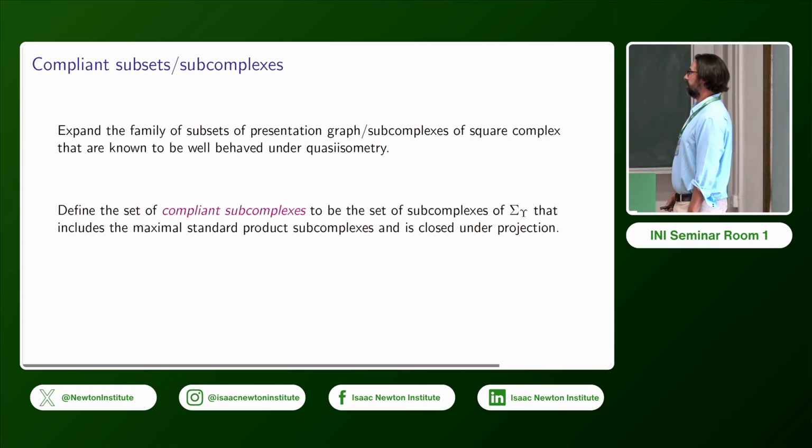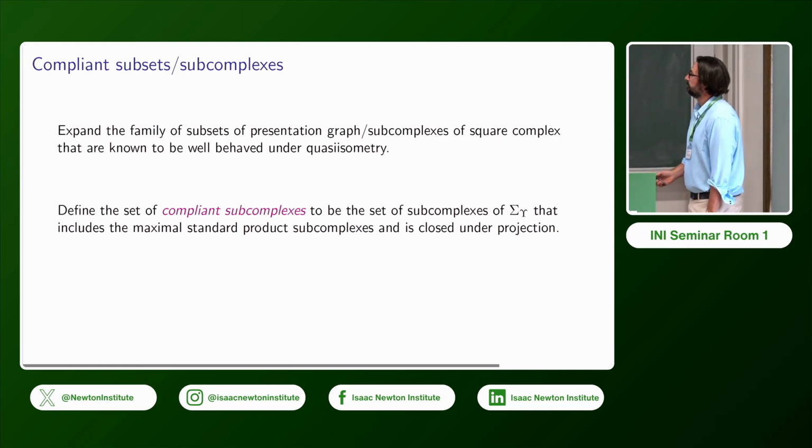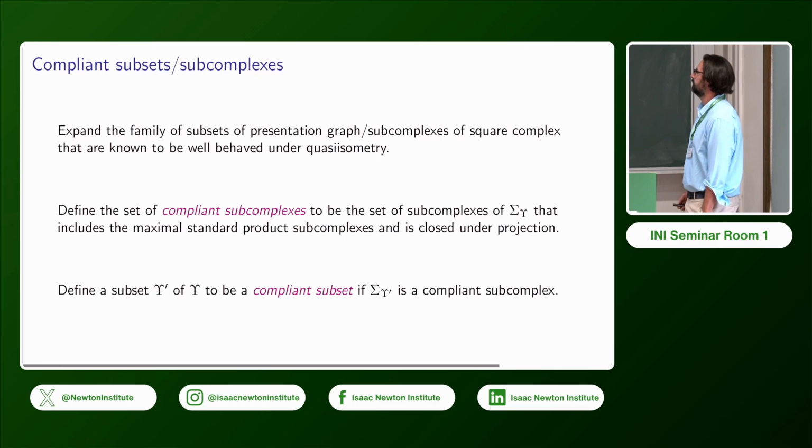So what we're going to do is take all the maximal standard product subcomplexes and allow you to project them to each other and take the subcomplexes that you get by doing that. So take the smallest family of subcomplexes that contains all of the maximal standard product subcomplexes and is closed under projection. So that's a compliant subcomplex.